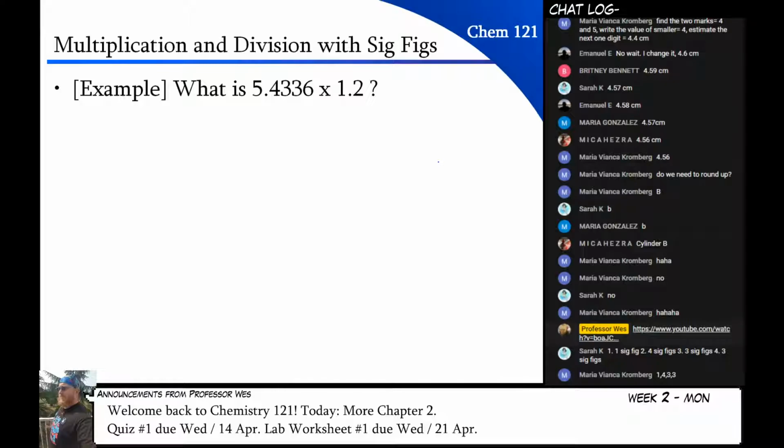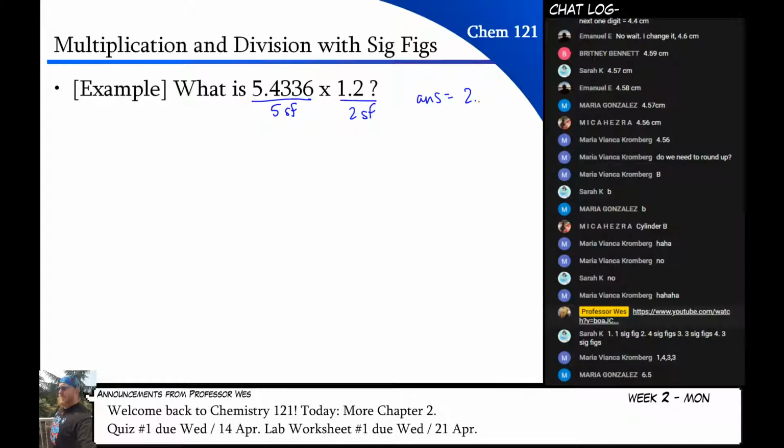So I'm going to type these numbers in the calculator, but the first thing I want to do is count the number of sig figs. So this is 5 sig figs, and this is 2 sig figs. So my answer should have 2 sig figs. So whatever I get on the calculator, I'm going to round it to 2 sig figs. So 5.4336 times 1.2. I got 6.52032.